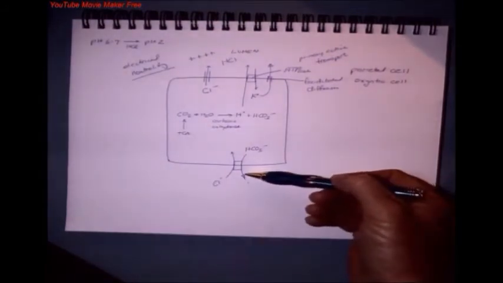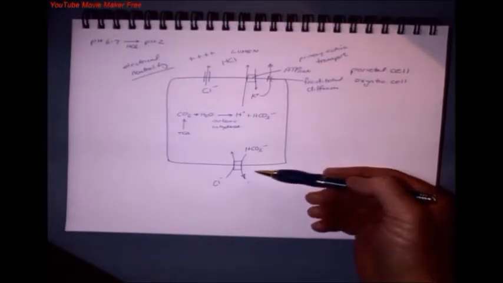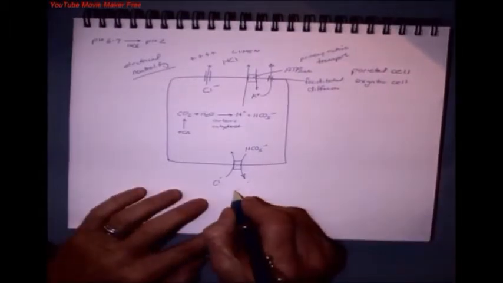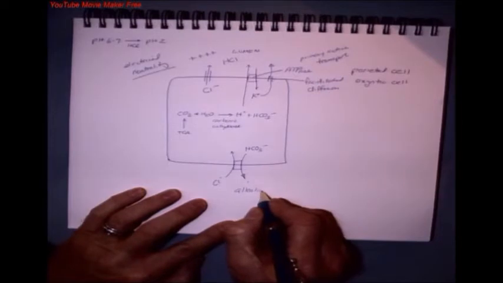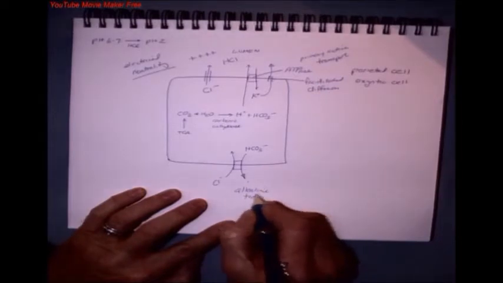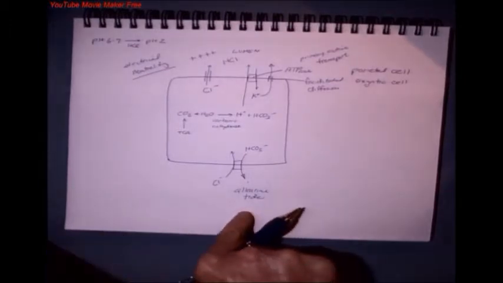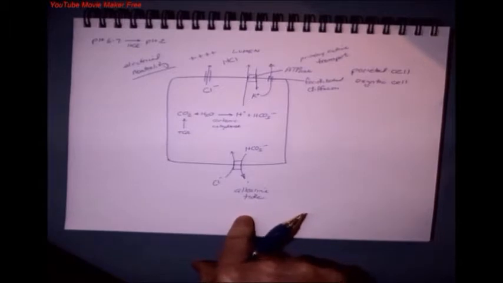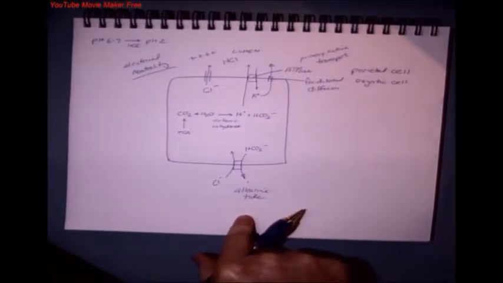The other thing you have to know is on the basal surface, because occasionally there'll be this term called an alkaline tide. And this is specific for gastric epithelium. What this refers to is that if you measure the blood coming out of the gastric vasculature, that blood will have a slightly elevated pH.